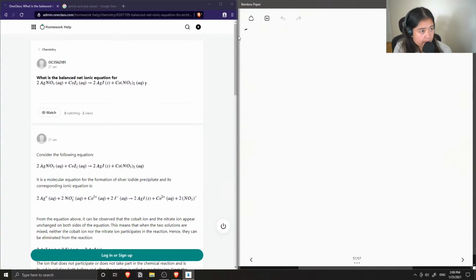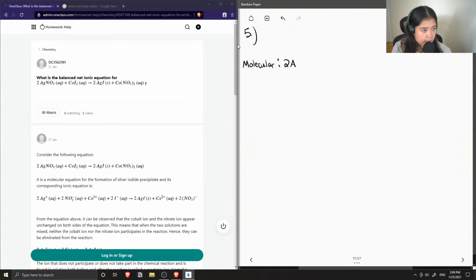Okay, so question number 5. What is the balanced net ionic equation for this reaction? So first, let's write out the full molecular equation that they gave us in the question. It's already balanced as well, which is good.